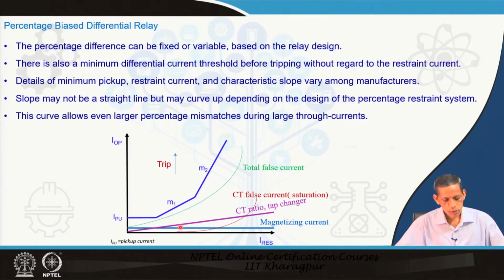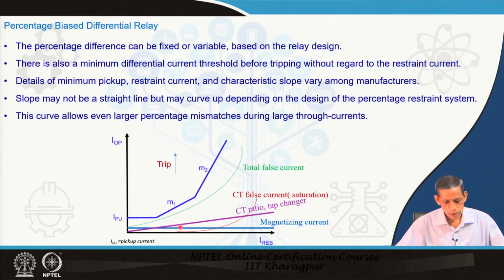Let us start from the very basic one, the magnetizing current. We have this magnetizing current of 2% or so for a transformer. Let us consider CT ratio mismatch, which means more current through the two CTs, so the corresponding differential current becomes more.